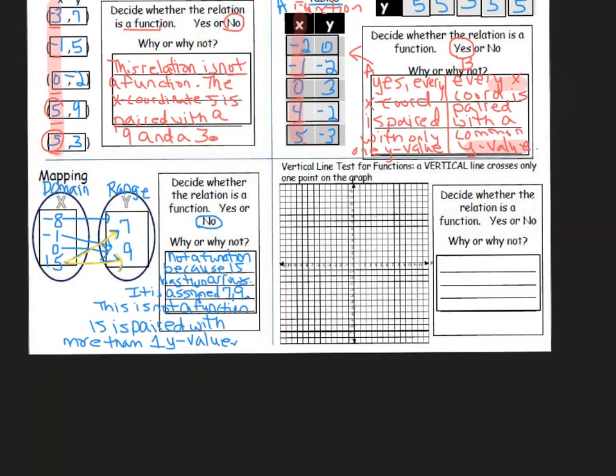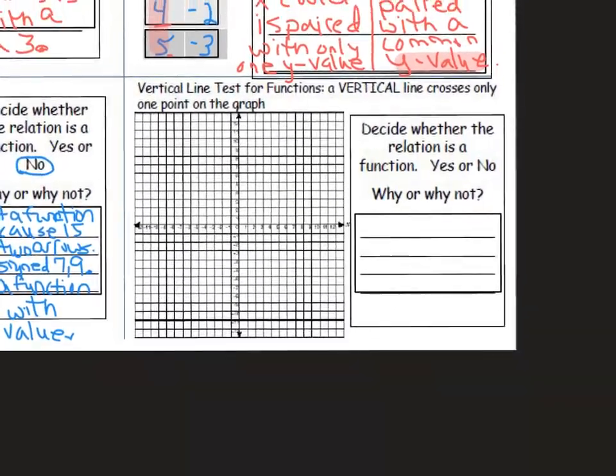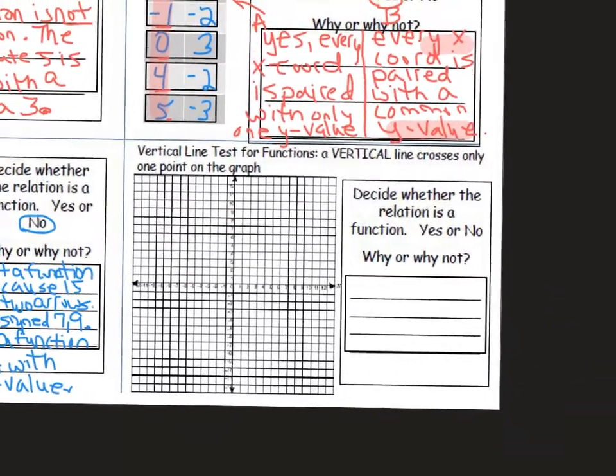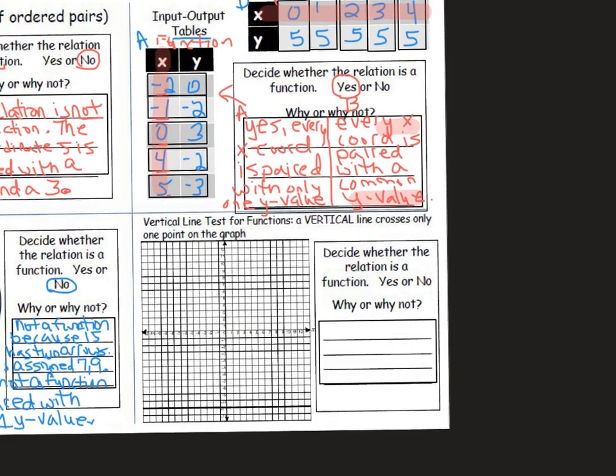Okay, let's go ahead and look at our final representation of a relation or a function. So we can also graph it. We have built it from an ordered pair. We've looked at relations and functions in a table and in a mapping diagram. And now our final representation is going to be a graph. I can take a list of ordered pairs like you guys are used to.